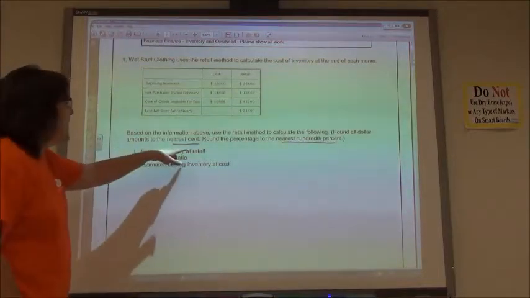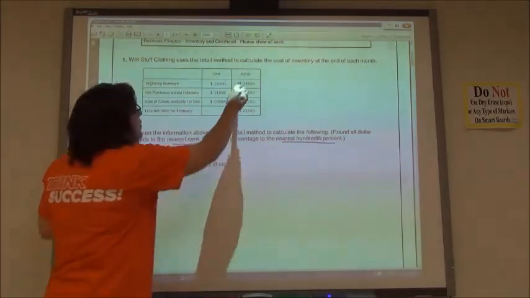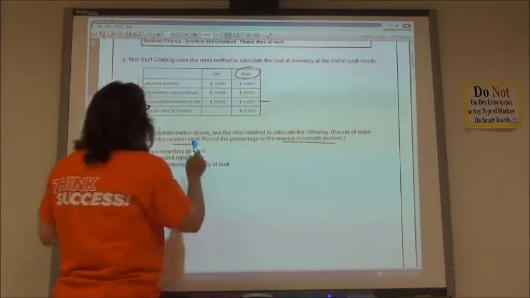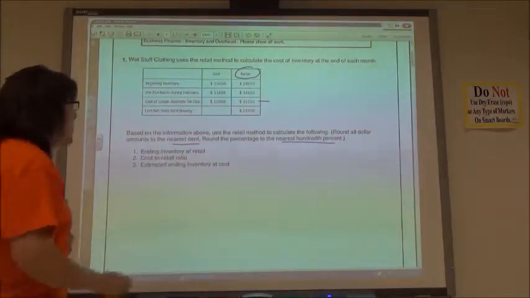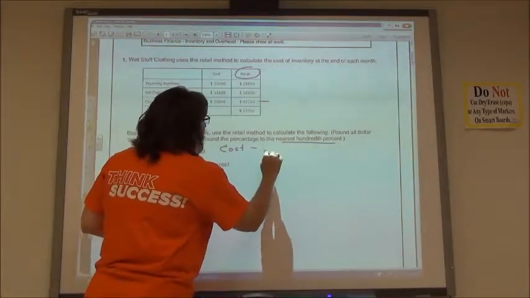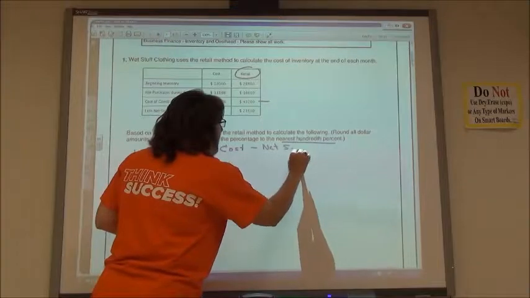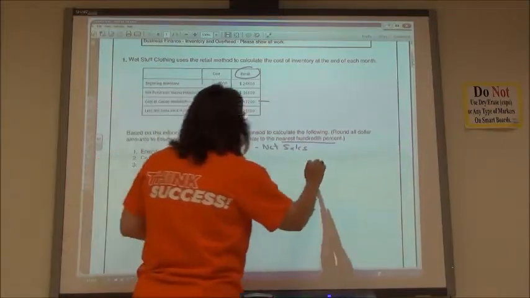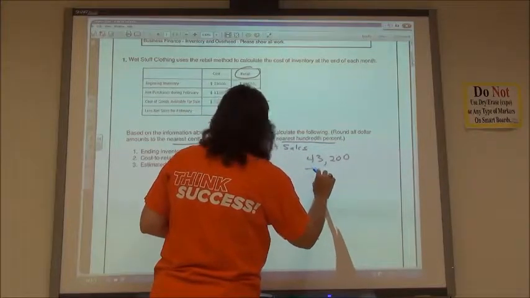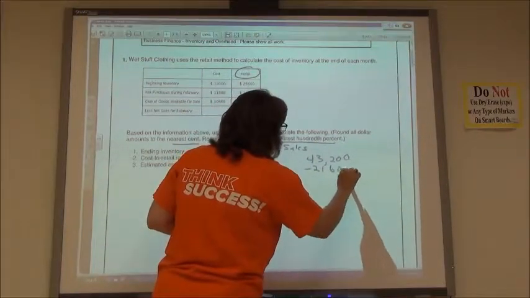So to find the ending inventory at retail, we're going to use the retail column. We're going to take the cost of the goods, and subtract the net sales. So I want to take my cost, $43,200, minus my net sales, $21,600.